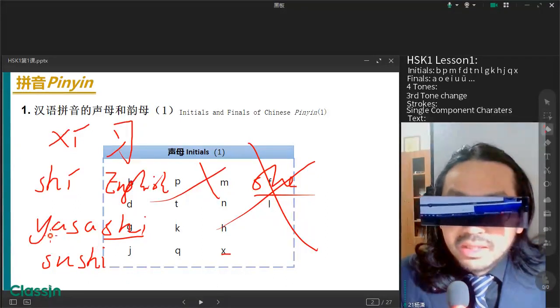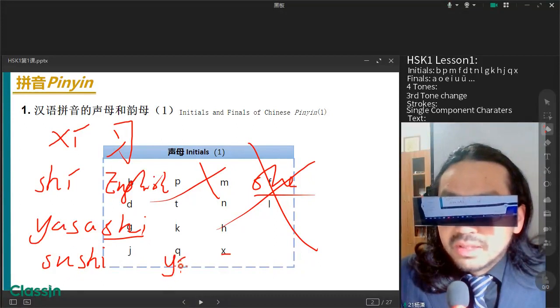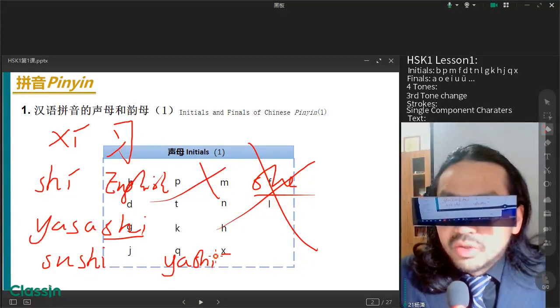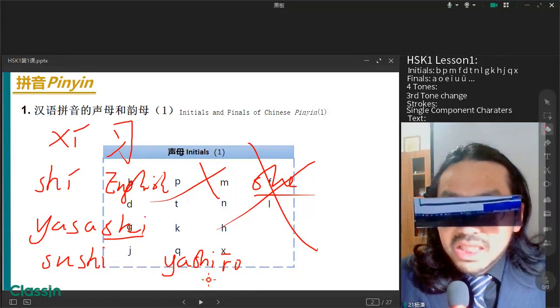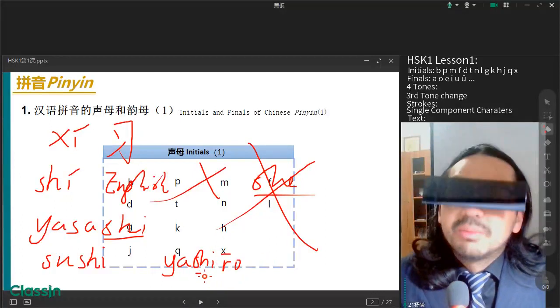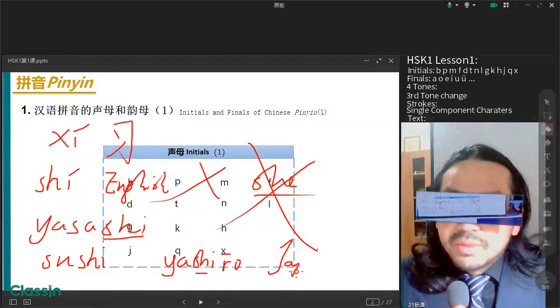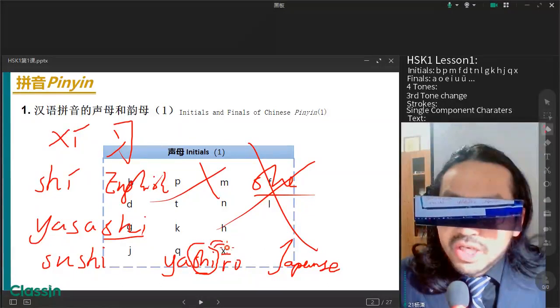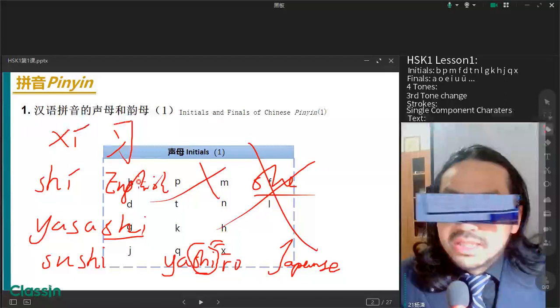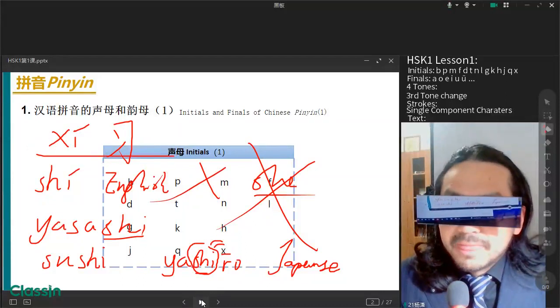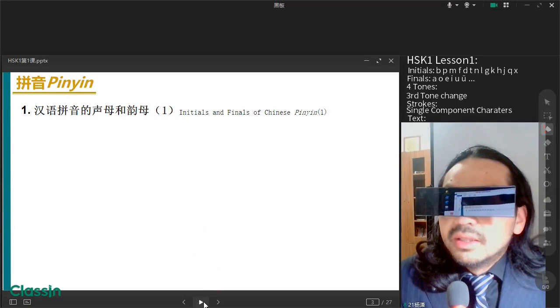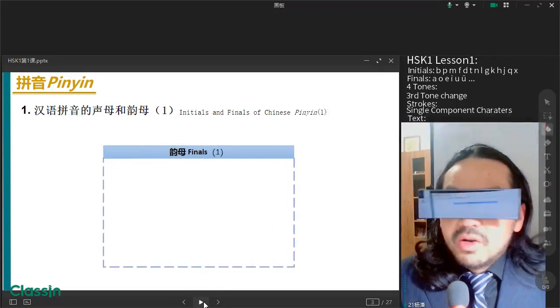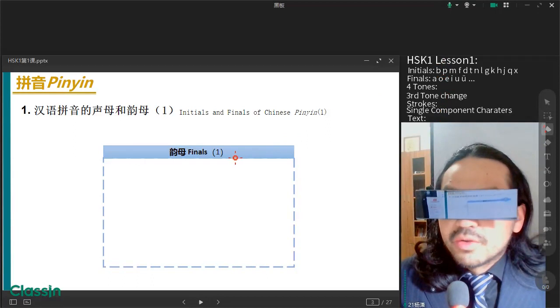Or the name Yashiro. They read it yashiro. Shi. That is how, almost in the Japanese way, I read those words. The Japanese sh is equal to the Chinese x, which is read as xi. Okay. Later we're going to go through the finals.